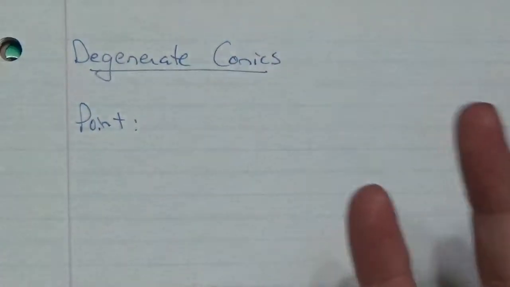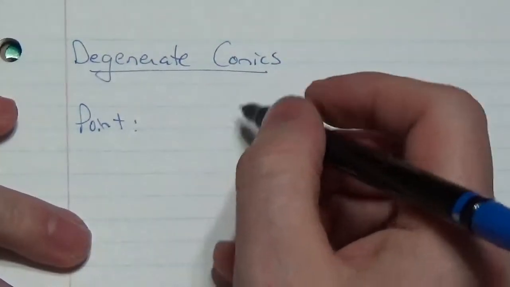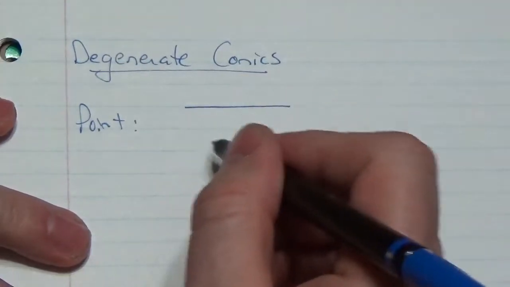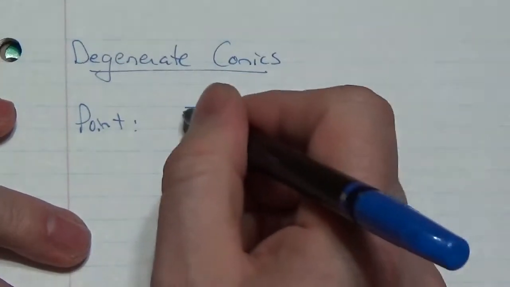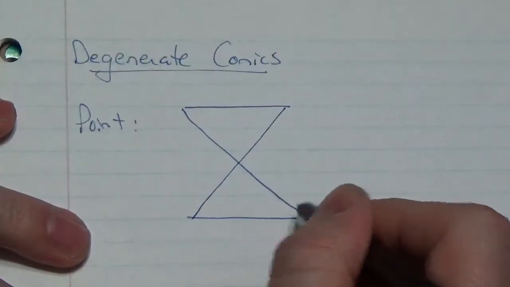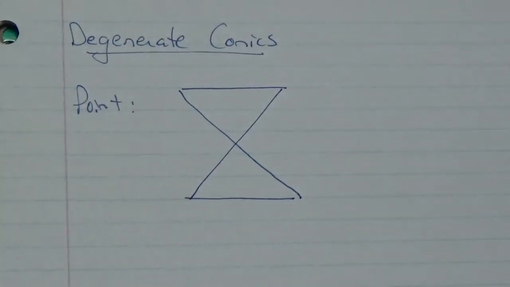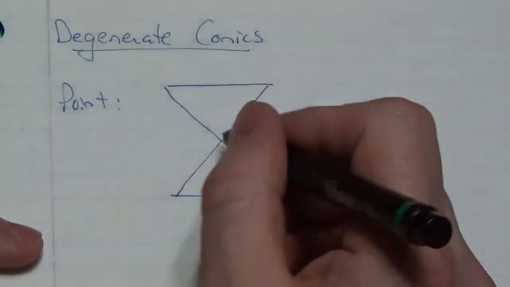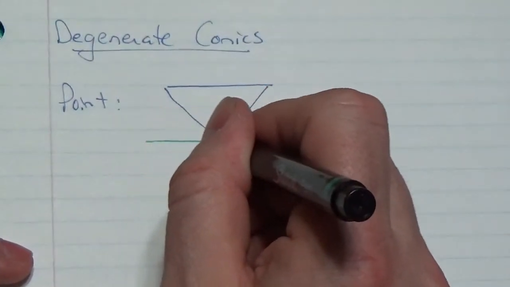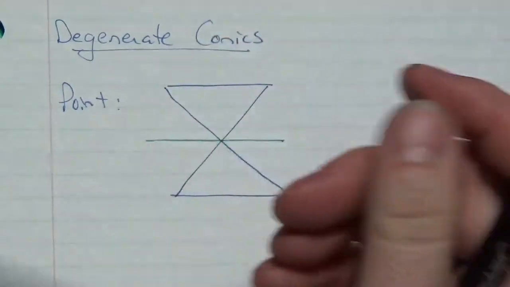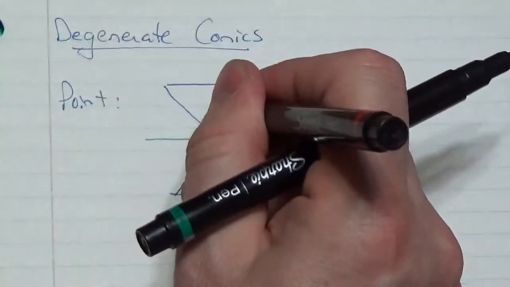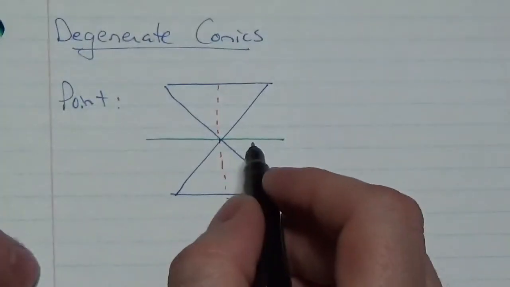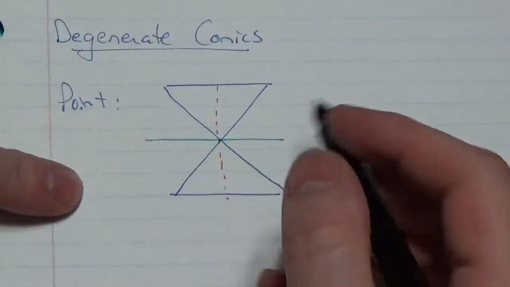Okay, so a point is a degenerate conic. Now, I'm going to draw the double nap cone from the side. Okay, here's my double nap cone. How do I get a point? Well, if I'm creating a circle, here's the axis of symmetry. I have the situation for a circle, but the plane goes through the vertex.